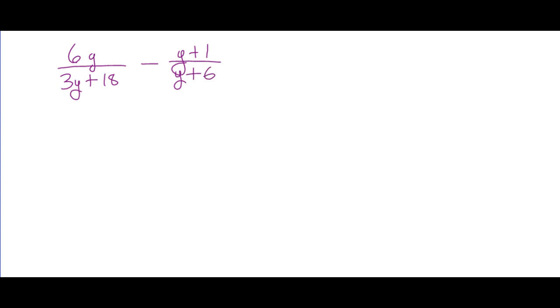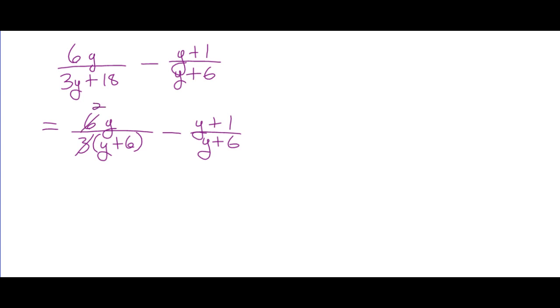Okay, first step is to factor, right? And now there actually is something to factor, right? So this has a common factor of 3. There you go. Hey, 3. 3 goes into 6 twice. And into 3 once.